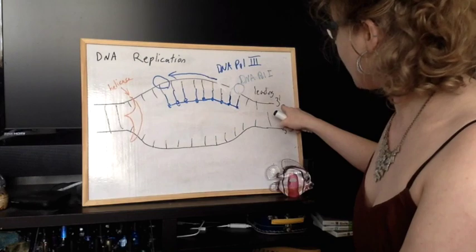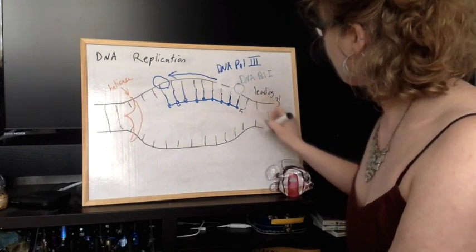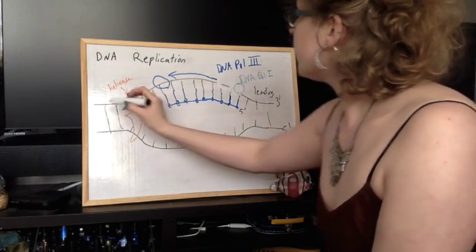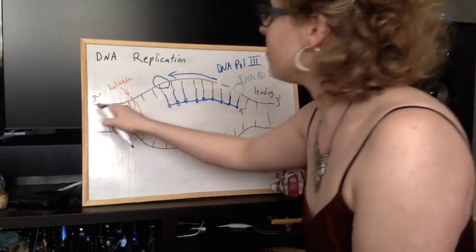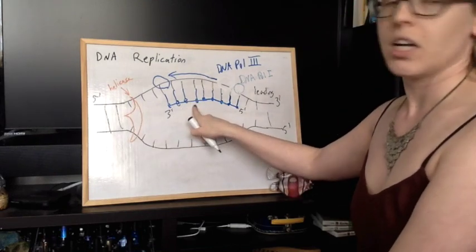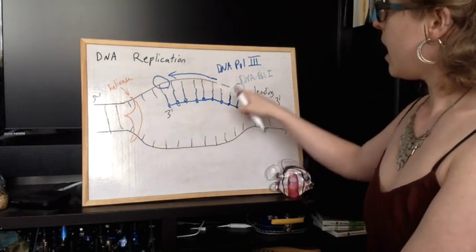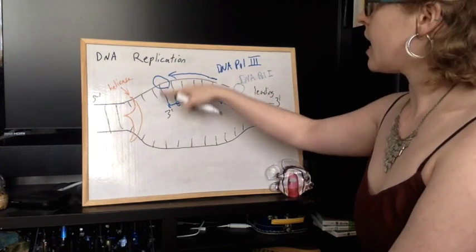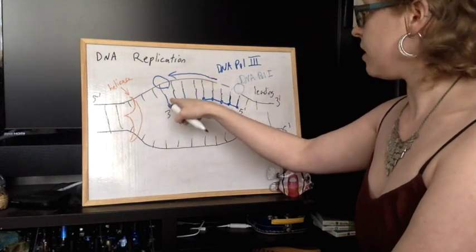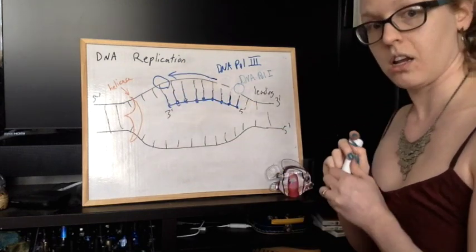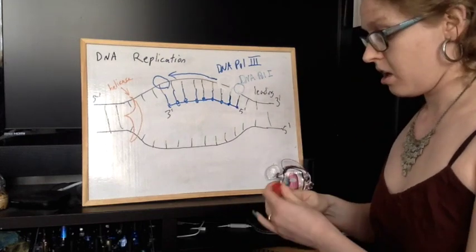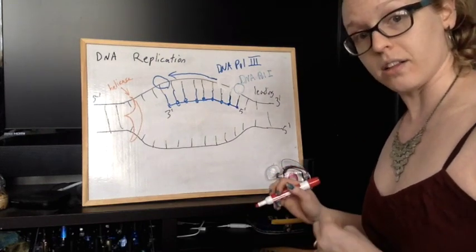So if this is 3', that means that this is going to be 5' because they are anti-parallel. Therefore, this is our 5' template end. This is our 3' daughter strand. And DNA polymerase is adding nucleotides onto the 3' end, because that's all it can do. And that's true for RNA primase as well.